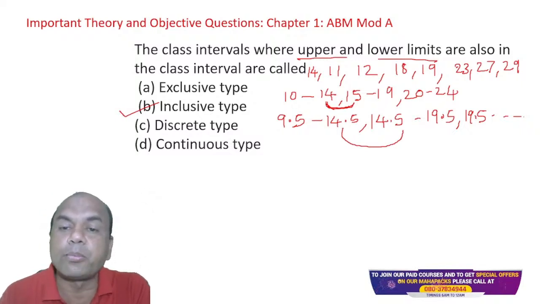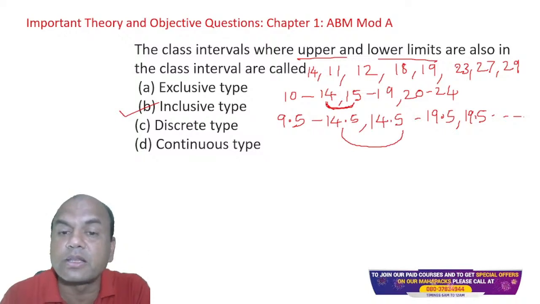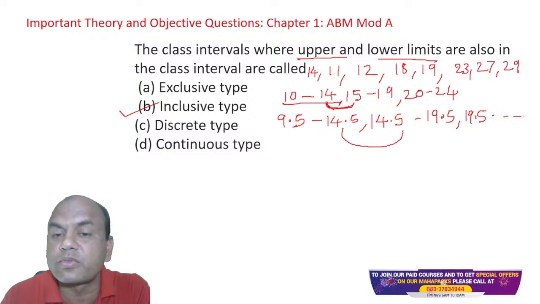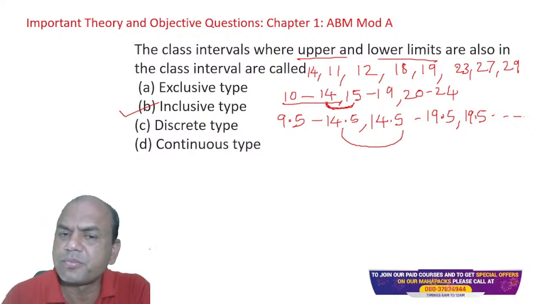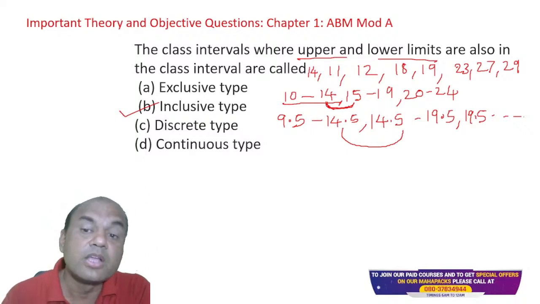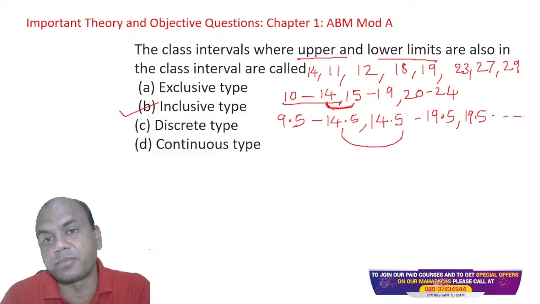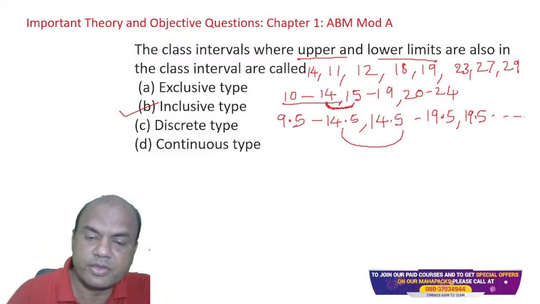So where the upper and the lower limits are also part of the class interval, suppose if I get number 14, I'll arrange it in this class, not in this 15. Number 19, I'll arrange it in this class. Remaining are easy for you. Right? So this is known as inclusive type. Got it, everyone? Clear? Move on.